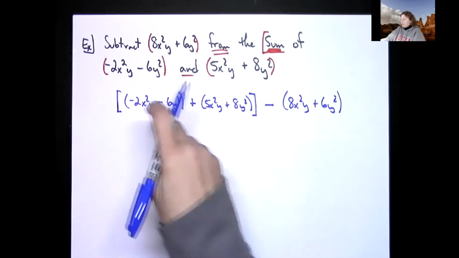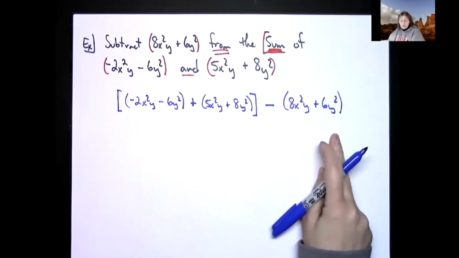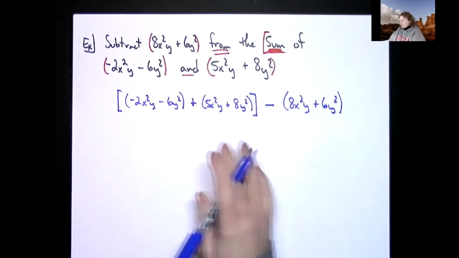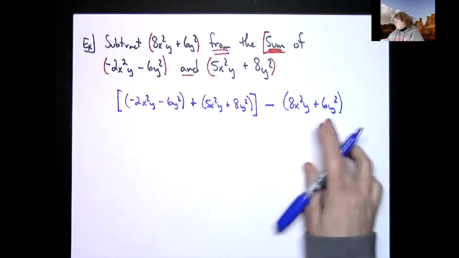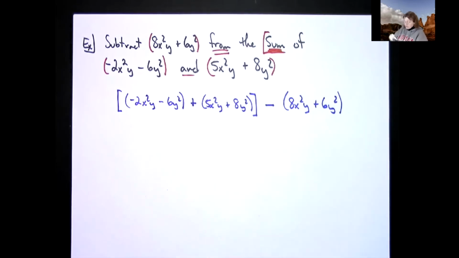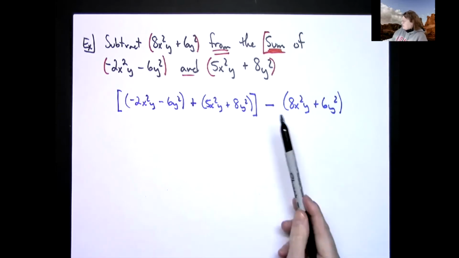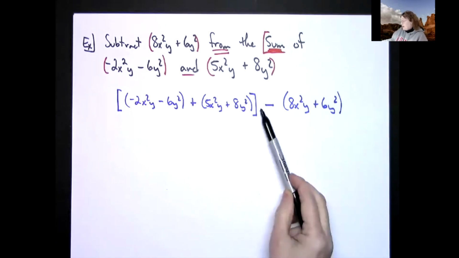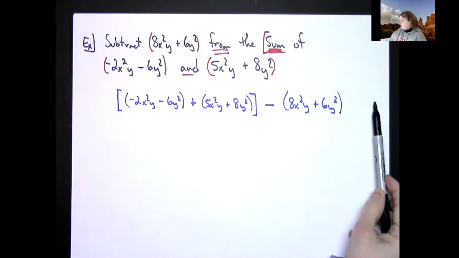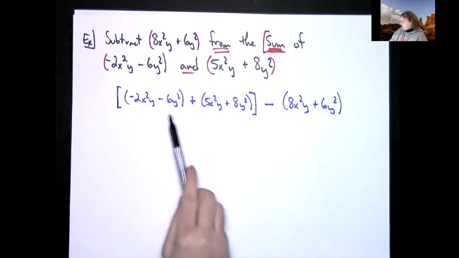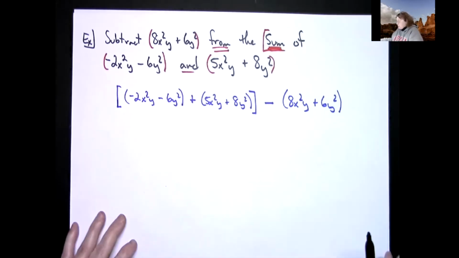All right, so that sentence translates into this expression. I need to add this, and then I can subtract whatever's left over there. Putting the parentheses in the right spot makes a difference, because if you don't put the parentheses around that, you're not going to know to distribute the negative. You need to add this first just to see what you come up with, and then go from there.